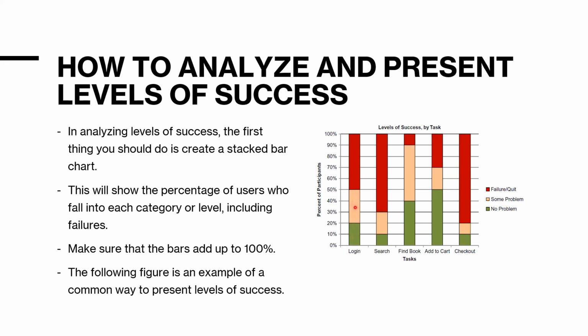There's some problem failure, so it basically tells you, okay, login has quite an issue, and we still have quite a number of issues in the search. And checkout, obviously it's the worst, right?